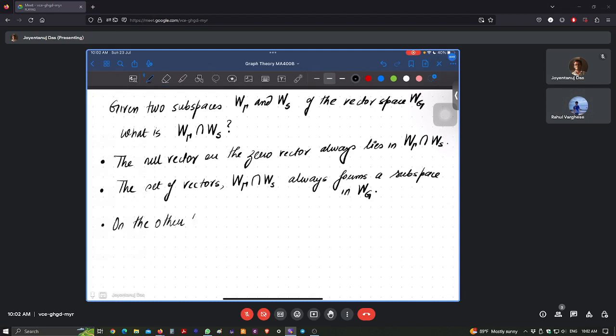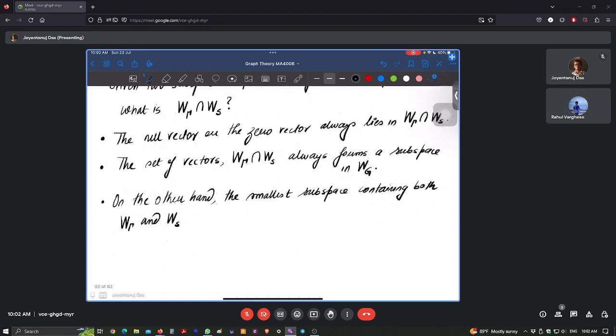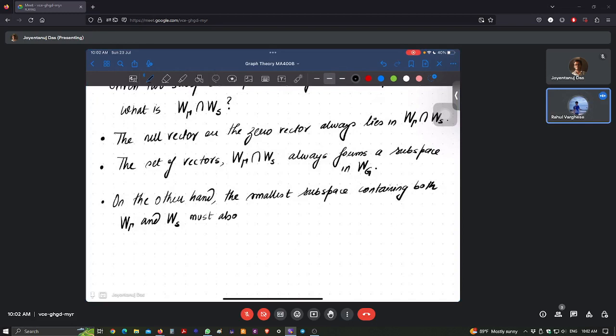On the other hand, the smallest subspace containing both W1 and W2 must also contain the union. But in general, the union may not be a subspace.